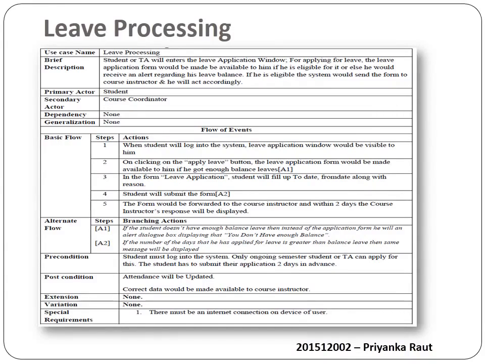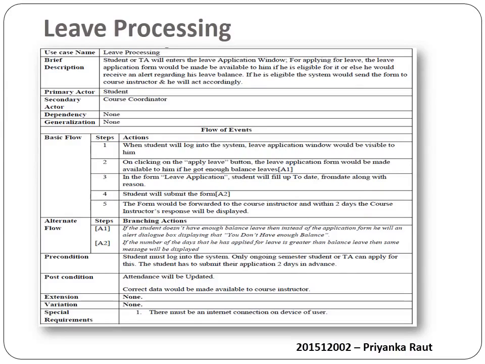Now, if he is eligible, then he can fill up the leave application by inserting the from date, to date, and the appropriate leave reason. Now, the student will submit this form.